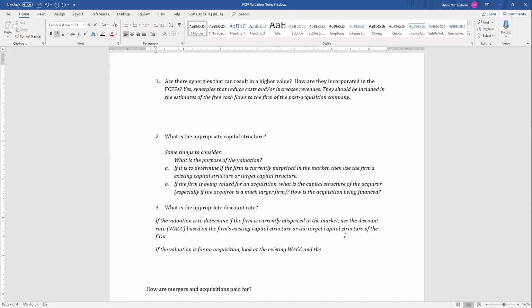So you should look at the existing weighted average cost of capital for the firm and the resulting estimated weighted average cost of capital for the resulting company. In the case that you're going to look at for next week, the company that's being acquired is not being combined with another company that does something similar.